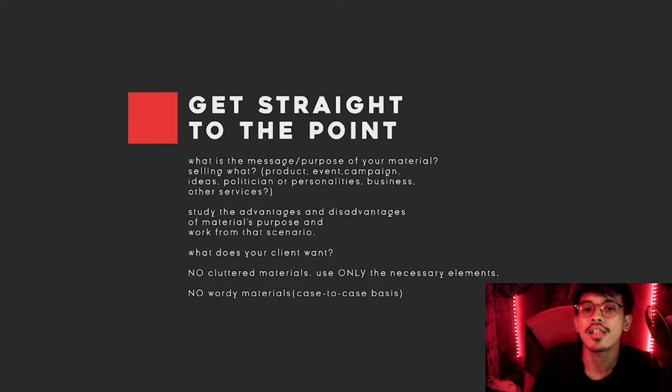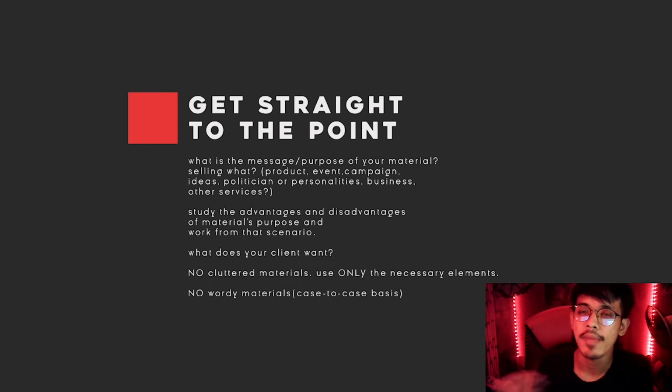So we need to study the advantages and disadvantages. When we say advantages and disadvantages of a material, it is pertaining to what are the useful materials that we can probably have. What are the materials that we need to make when it comes to what we're selling? So if you're selling food, definitely you need a particular set of materials.